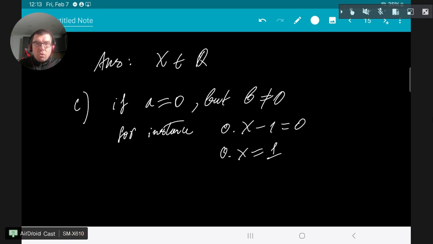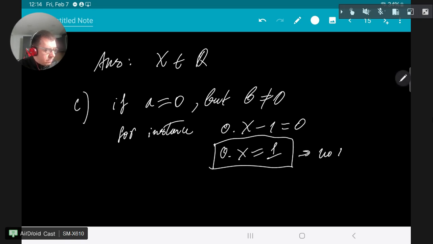So there is no number that will make this type of equation into a correct equality. This will always be an incorrect equality. It will be 0 equals 1 for every single number that I can choose for x. So this equation has no roots. No roots.